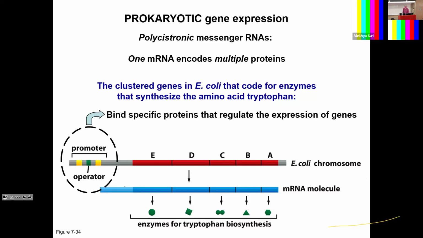You can see here tryptophan biosynthesis, for example. So multiple proteins are expressed basically from one cluster consisting of multiple genes. And these are under the control of one regulatory sequence or regulatory area.